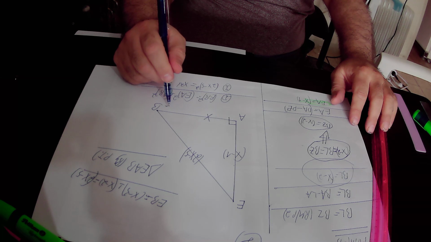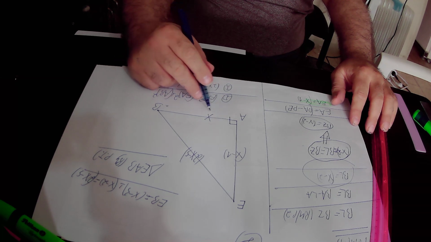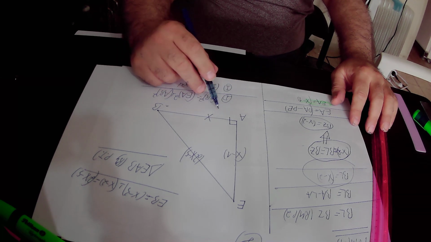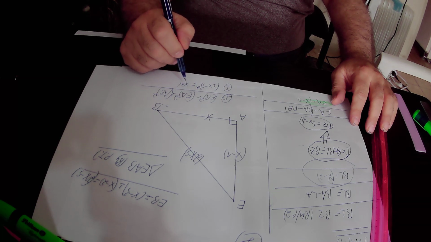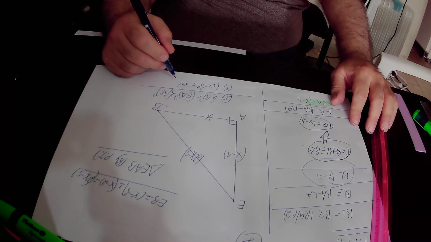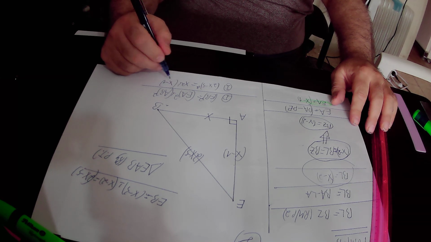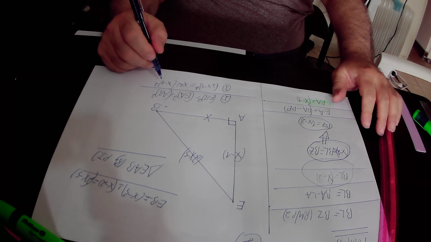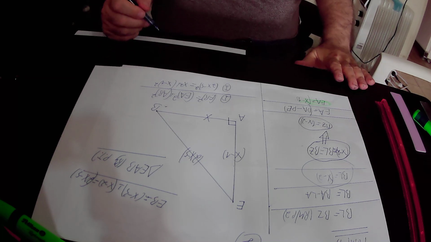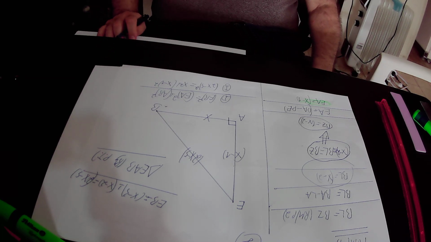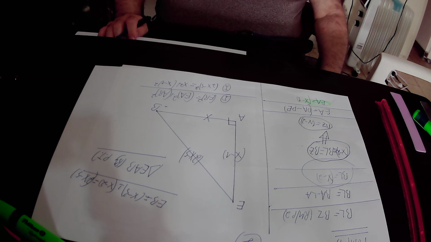AB equals x, therefore AB squared will be equal to x squared. EA equals x minus 1, therefore EA squared will be equal to (x minus 1) squared. So in conclusion, (2x minus 5) squared equals x squared plus (x minus 1) squared.